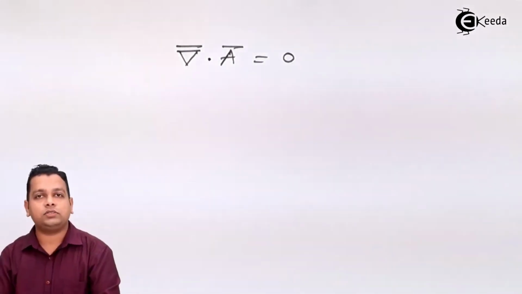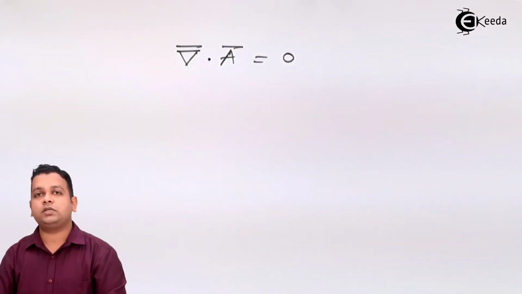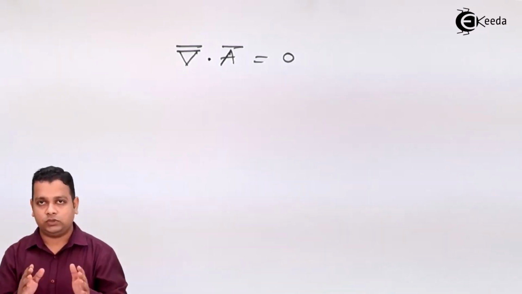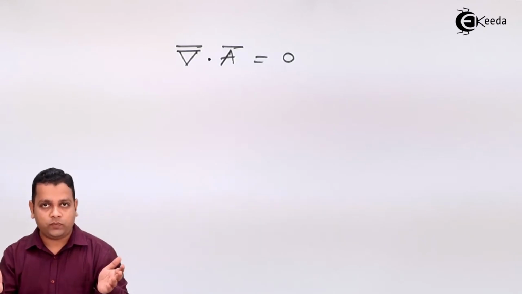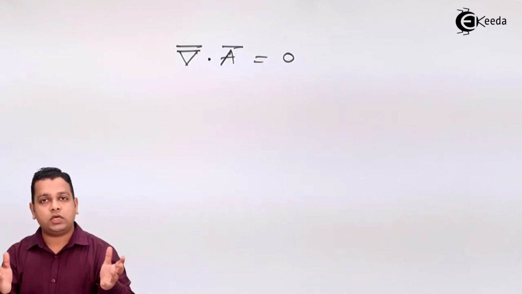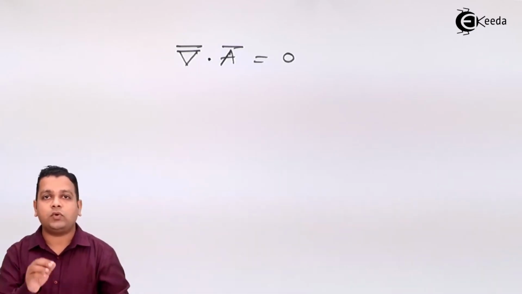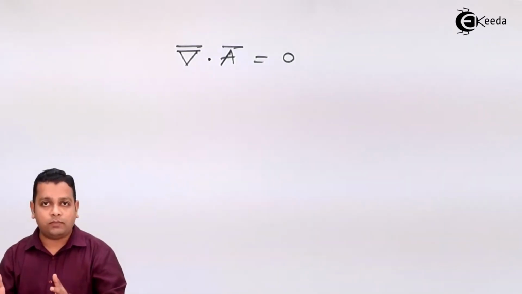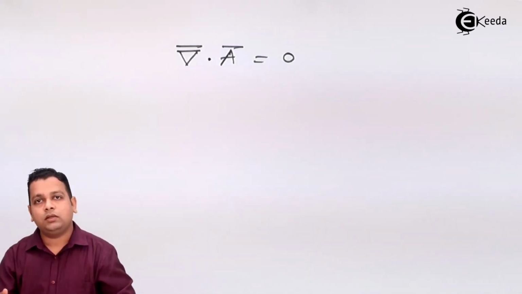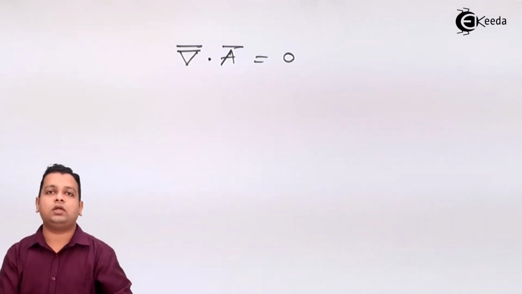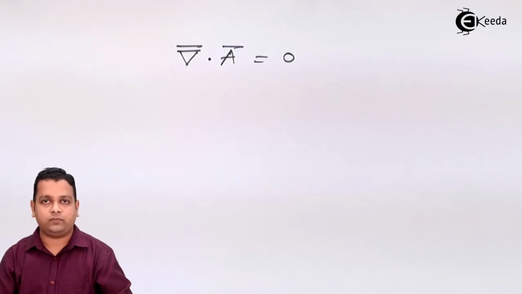If we get to know the divergence of A bar is equal to 0, the physical interpretation is that for the vector A bar there is no increase in the volume size, there is no decrease in the volume size, so there is no expansion or contraction. That is why the divergence is equal to 0. In any of the numerical problems, if the value is positive, it means it is expansion. If the value is negative, it means it is contraction.